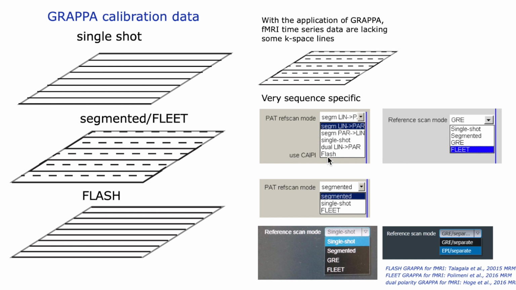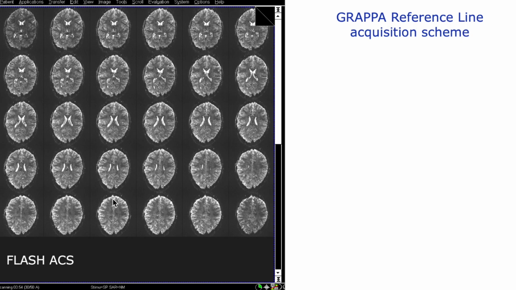The top ones, for example, are for VB17, the bottom ones for VE11. So they are slightly different. Some options are missing in some sequences and sometimes not, but usually they refer to some selection and collections of these different GRAPPA reference acquisition schemes. And here you can see how this affects the data quality of our participant RT.